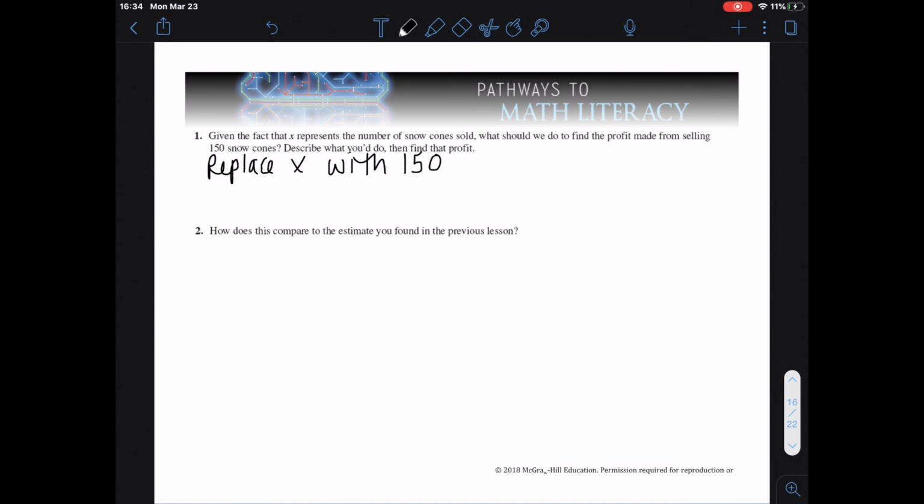So the profit for 150 snow cones is that initial fixed cost, so you're automatically in the hole $245, and then you get 63 cents per snow cone. So we want to see what the profit is for 150. So this tells us our profit is negative 150.50.